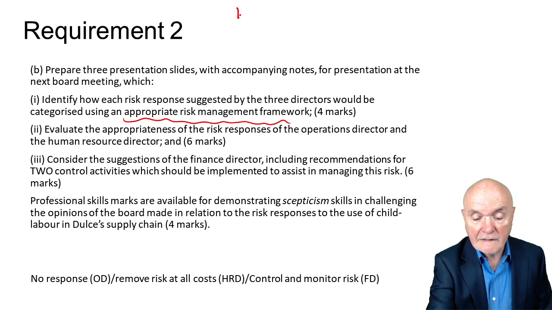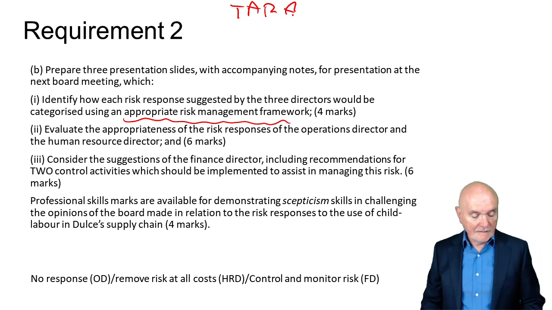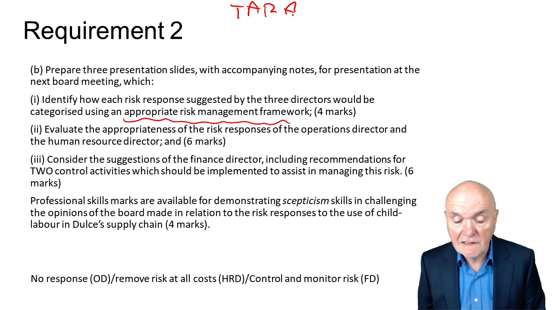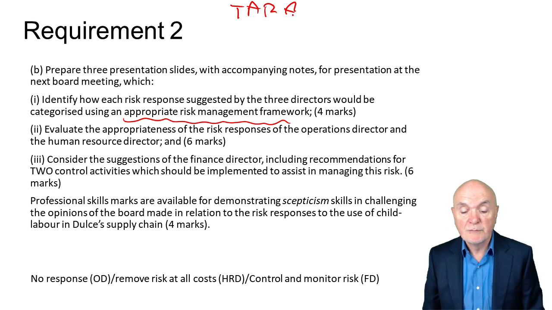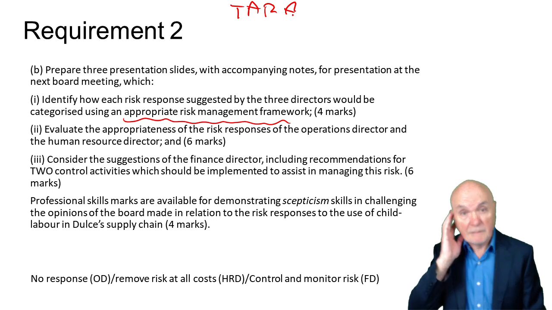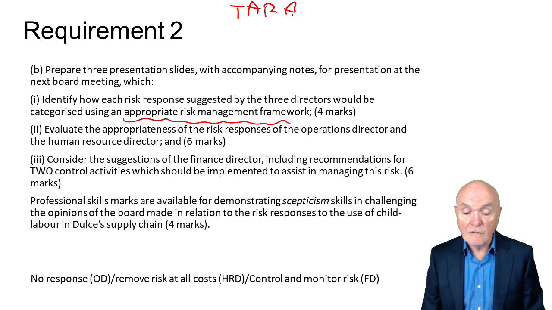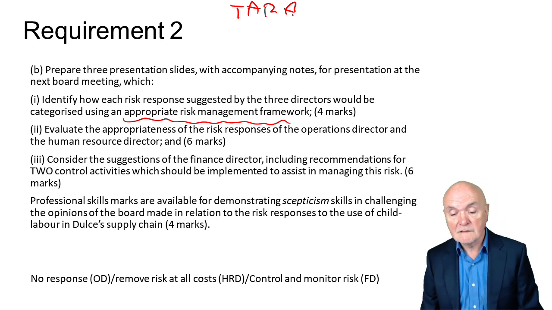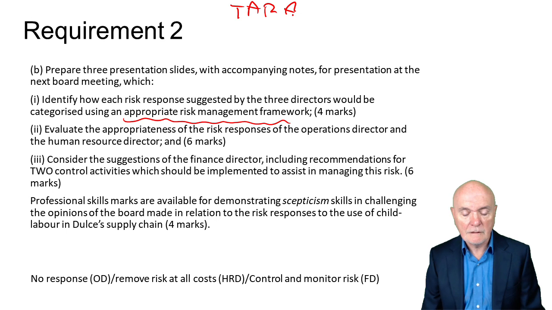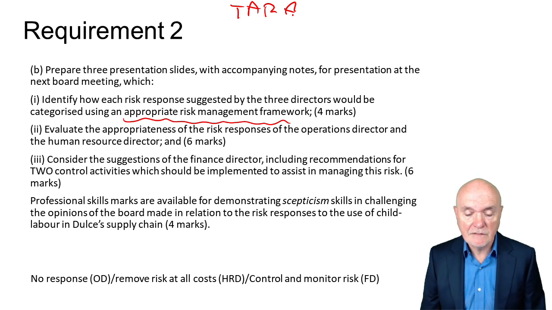And some people talk about the Tower approach. The T is transfer, which would be to try and insure it, or maybe to get the risk handled by a subcontractor. I don't think it's going to work here at all. There is avoiding the risk entirely. Just do not go there, do not undertake this sort of activity.